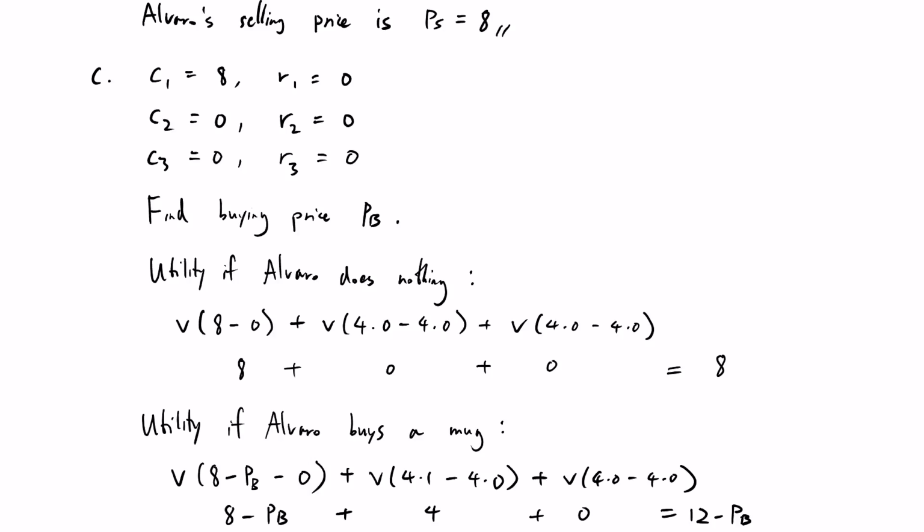What does that mean? That means that the maximum he's willing to pay should not make him worse off than if he does nothing. And so 12 minus PB equals 8, and that should be 4. That means he's willing to pay 4.